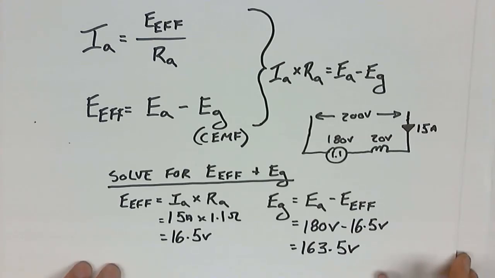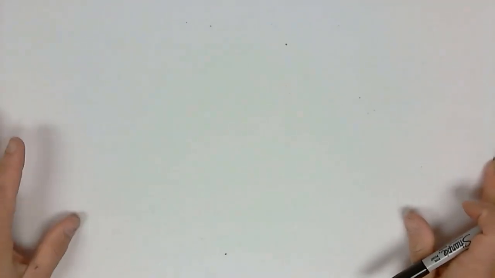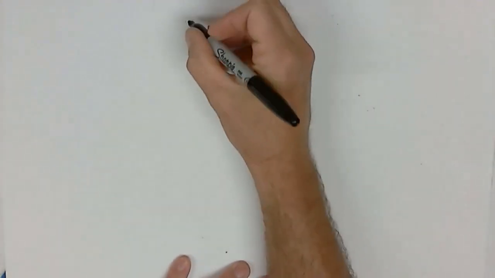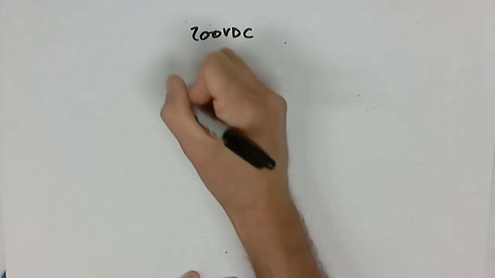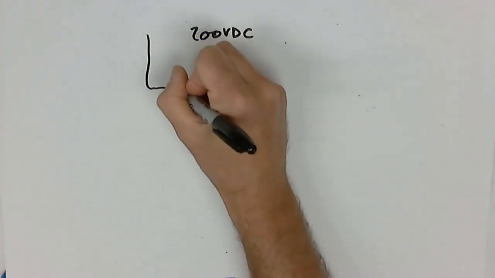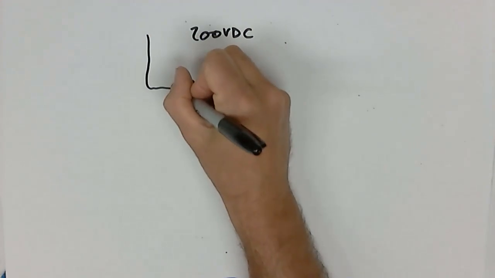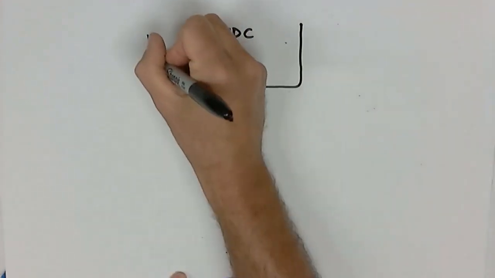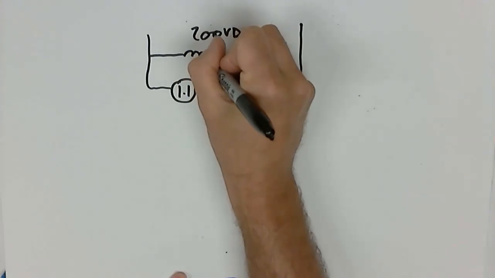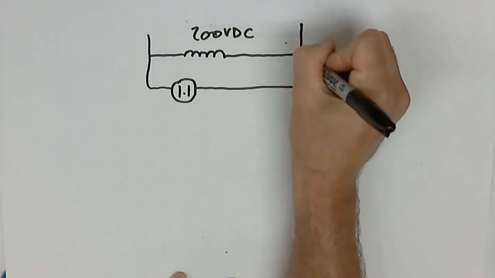Let's look at another calculation with these values. This one is going to be with a 200 volt source, DC, and we've got our armature. I'm going to keep it at 1.1. And this time we are going to have a shunt winding.